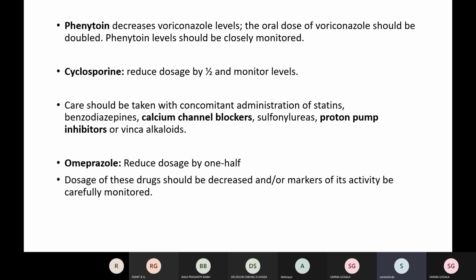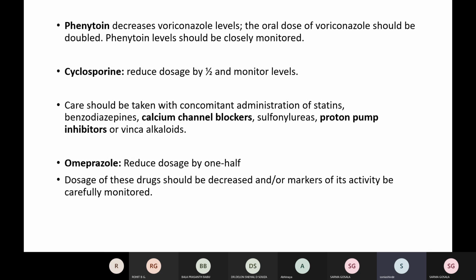Phenytoin decreases voriconazole level, and the oral dose of voriconazole should be doubled and phenytoin levels should be closely monitored. Cyclosporin, reduce the dosage by half and monitor levels. Care should be taken with concomitant administration of statins because again toxicity can be precipitated. Benzodiazepines, calcium channel blockers, sulfonylureas, proton pump inhibitors which we give commonly, and vinca alkaloids.